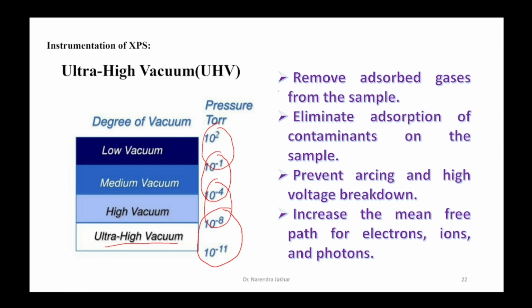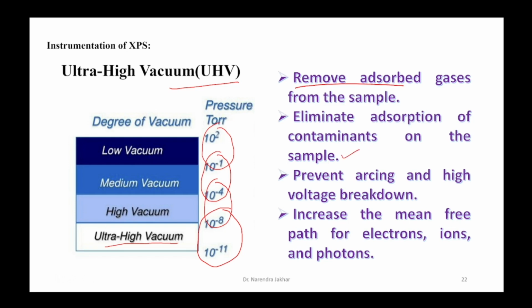So, why is this ultra high vacuum necessary to operate XPS? It is essential to remove the adsorbed gases from the samples. Sometimes a sample may adsorb some gases, and by having this ultra high vacuum, these adsorbed gases come out and are taken out of the system. It also eliminates adsorption of contaminants on the sample.